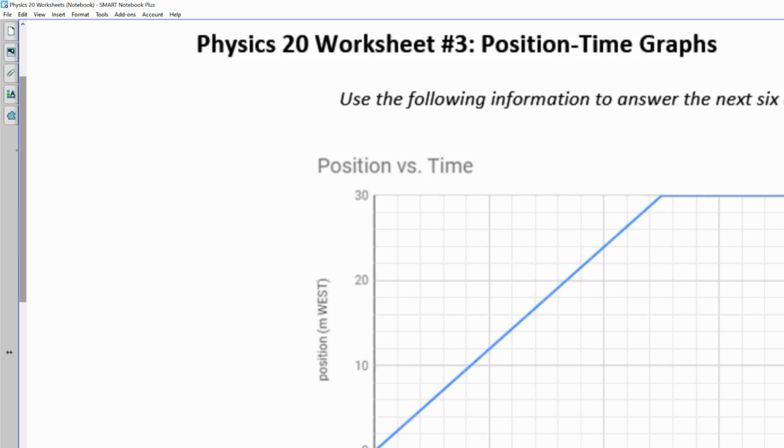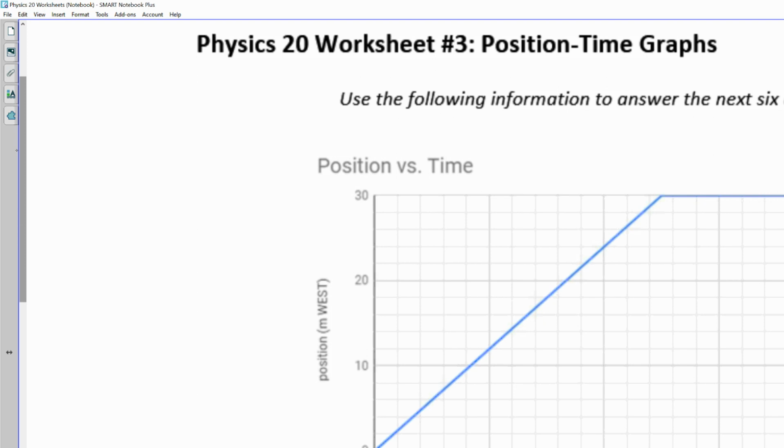Exactly. Listen, if you've got a position time graph and you're looking for position, or a velocity time graph and you're looking for velocity, or a force time graph and you're looking for force, or a something times graph and you're looking for something, just go up and over. Always. So you're looking for position at 7 seconds. Let's go to 7 seconds.